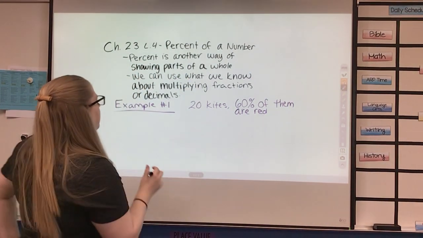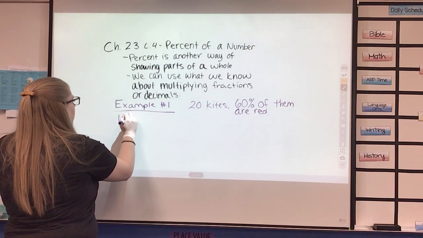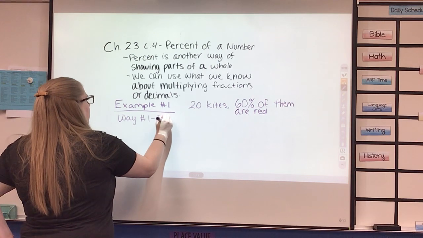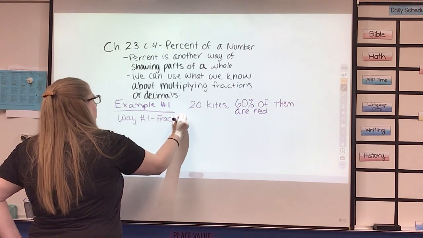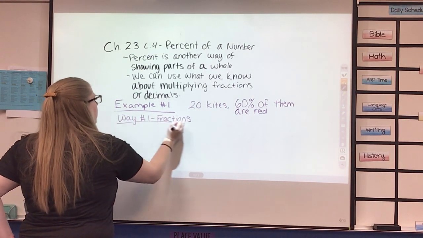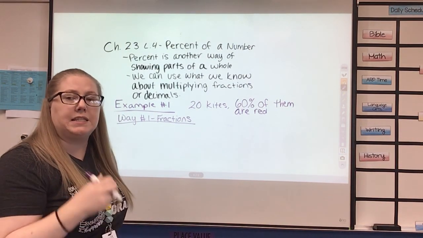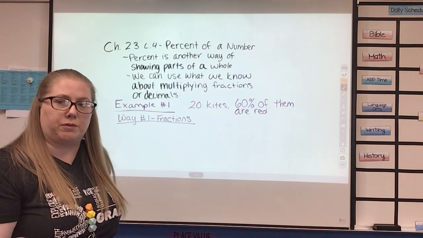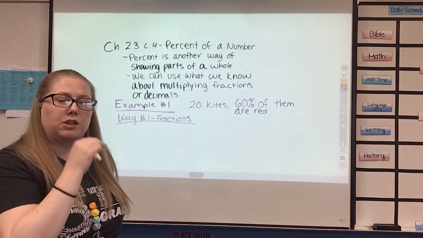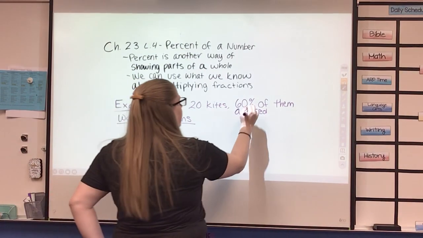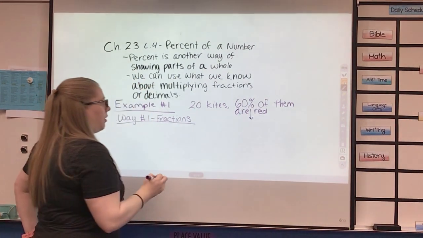So way number 1 is fractions. Okay? So if I have fractions, then 60%, I need to turn that into a fraction. Remember, when I'm dealing with percents, I'm always dealing with 100. So I can take this 60 and put it over 100.